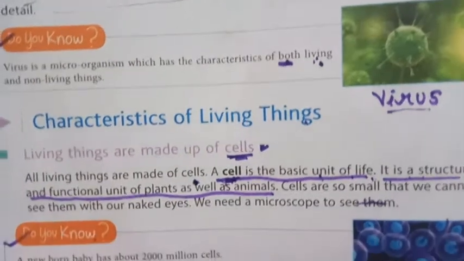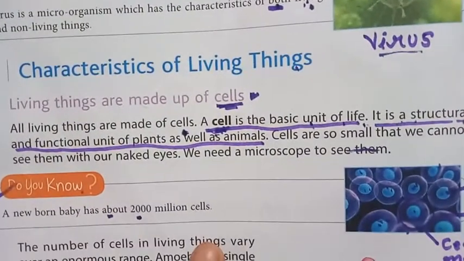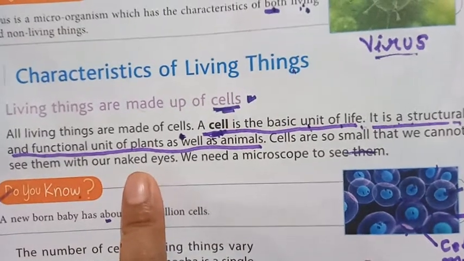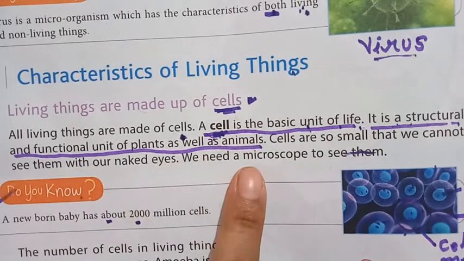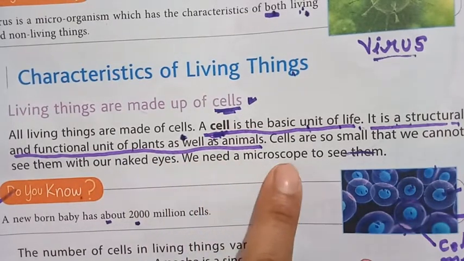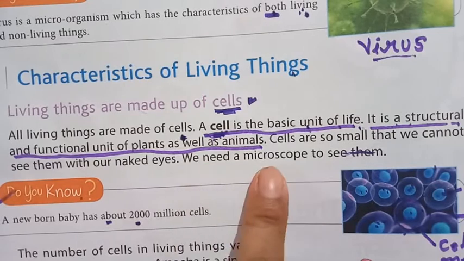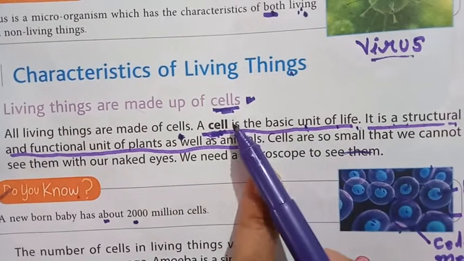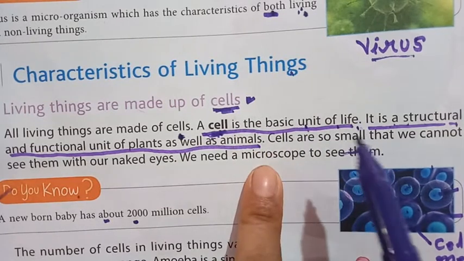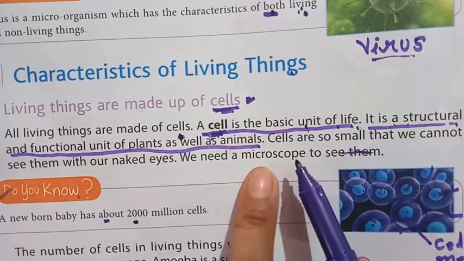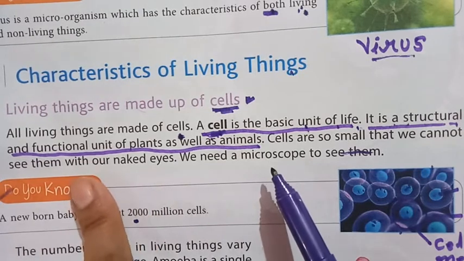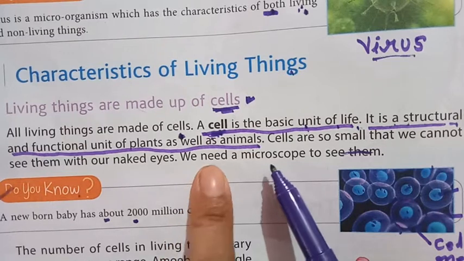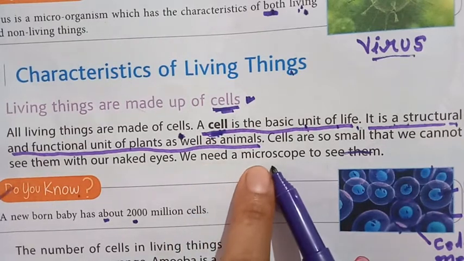Naked eyes means without any aids, without the help of a microscope. We need a microscope to see them because cells are microscopic. That means too small, too tiny to see with our naked eye.